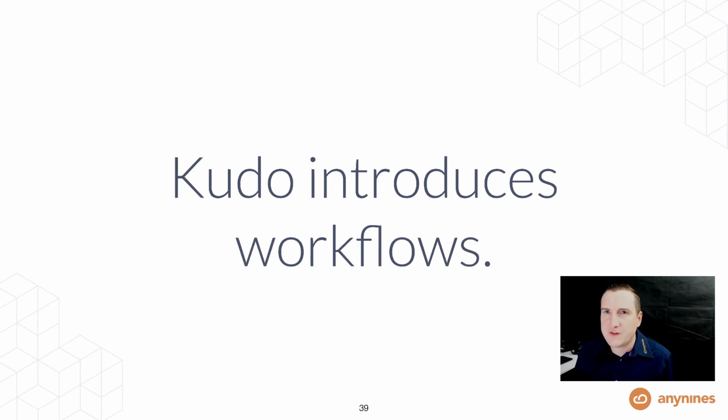Kudo introduces a concept called workflows, where you can specify a sequence of resource changes. Because a lot in the lifecycle management of a data service will be around modifying the stateful set, changing the service, adding the config map, changing the config map, and so on. So it seems natural that having more control over that and being more descriptive about that sounds interesting.